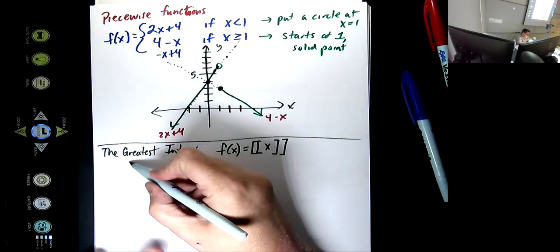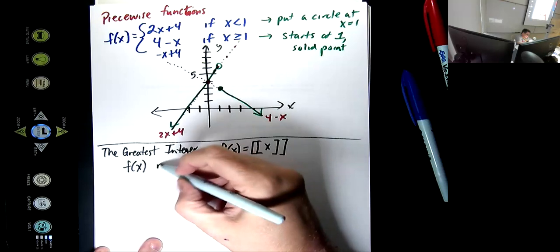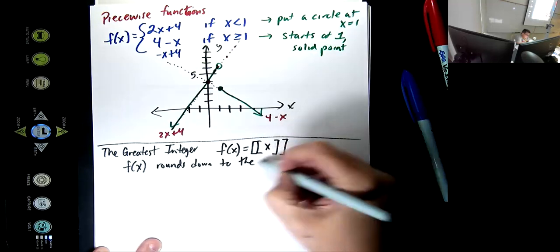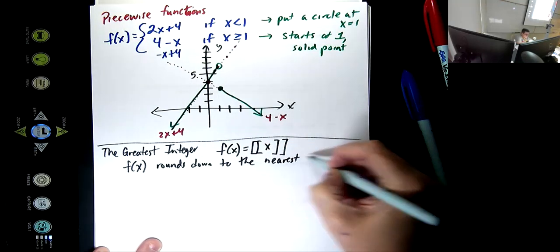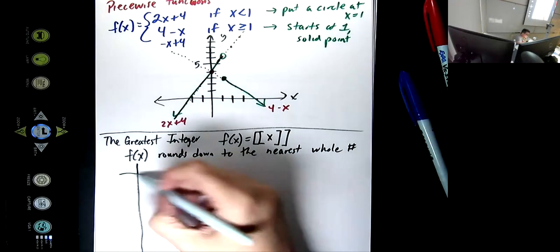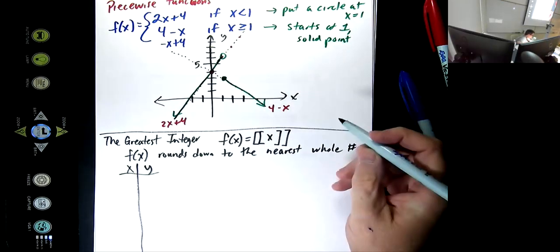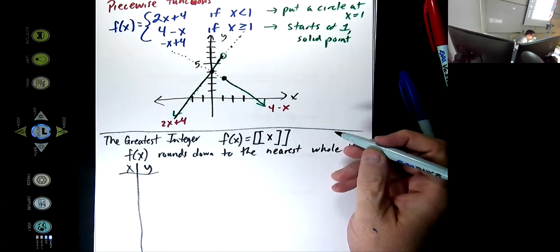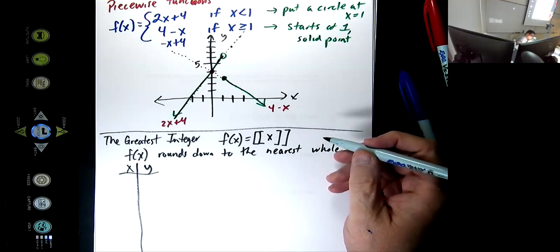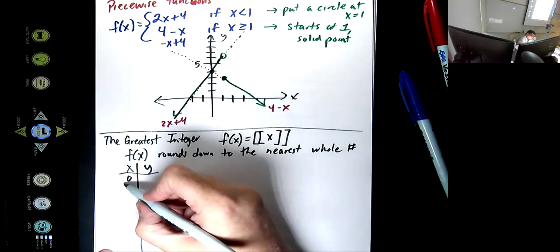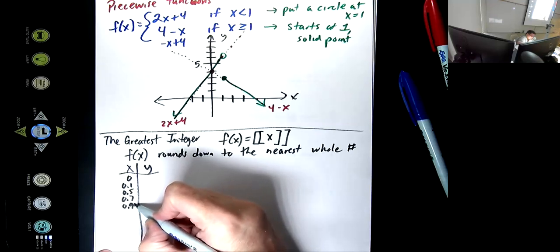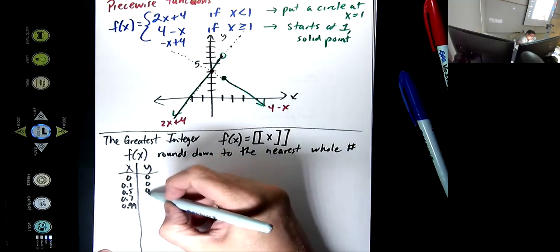What it does is f of x rounds down to the nearest whole number. So like 0, 0.1, 0.5, 0.7, 0.99, these all have a y value of 0.